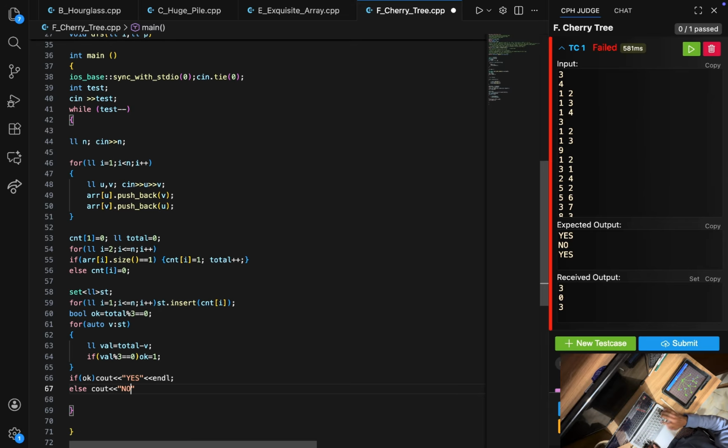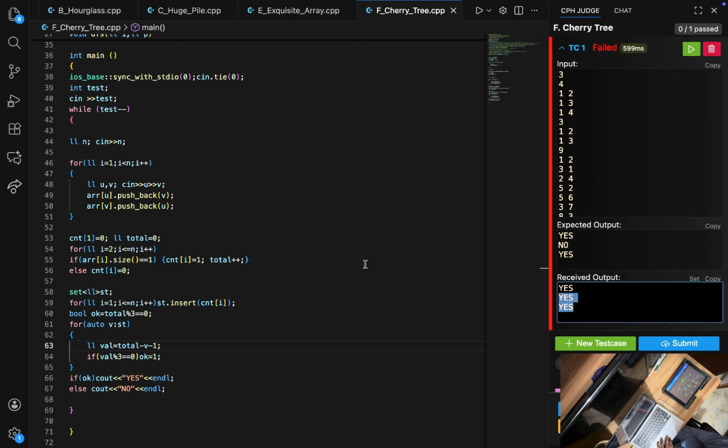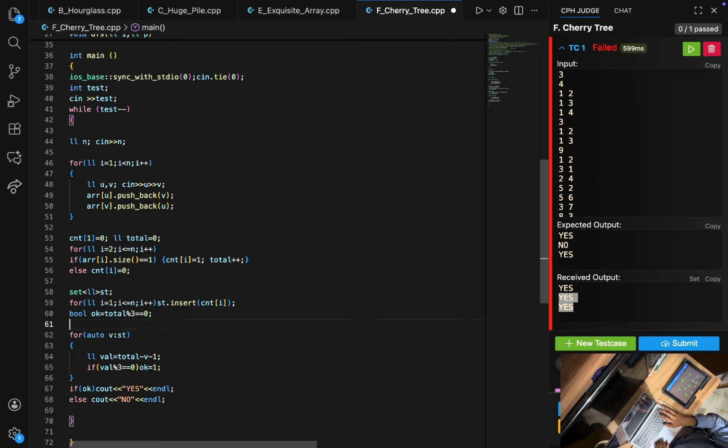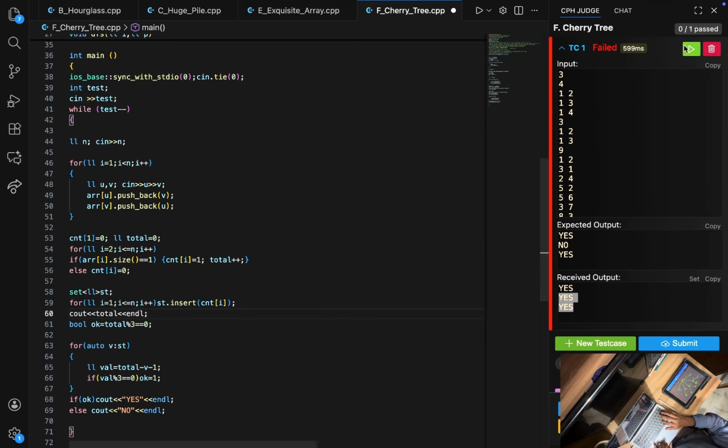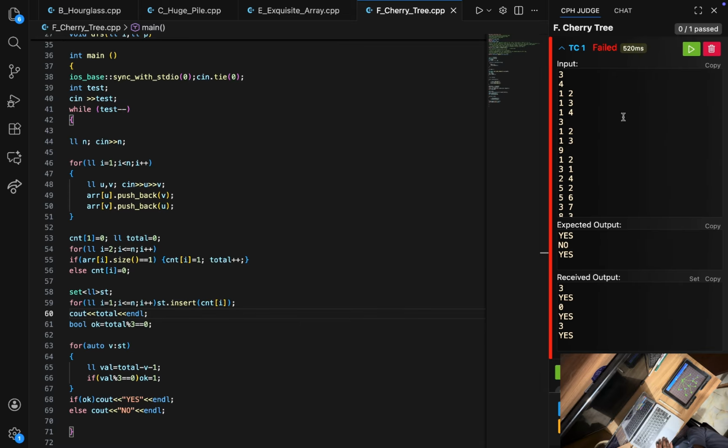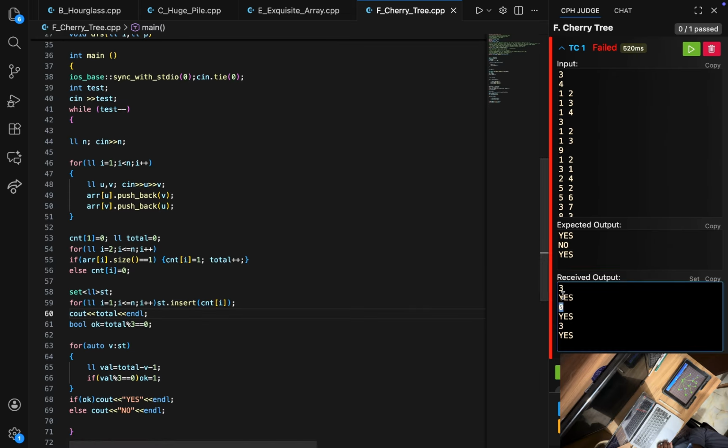Else cout, it should be n minus 1 actually. Whoa. Why is it 0?